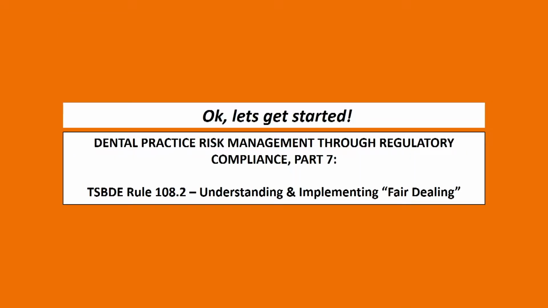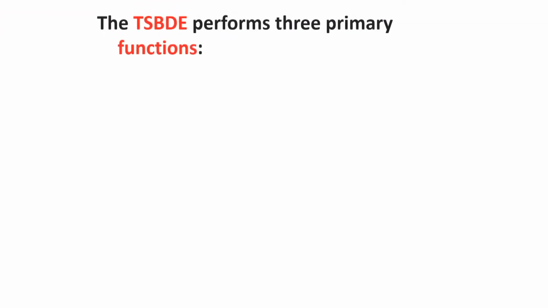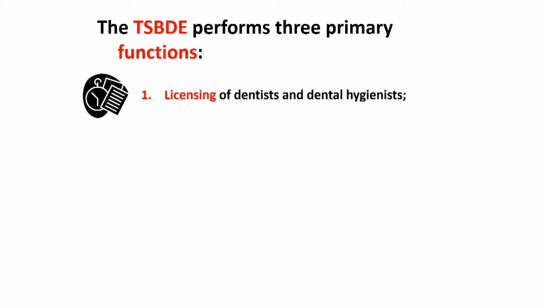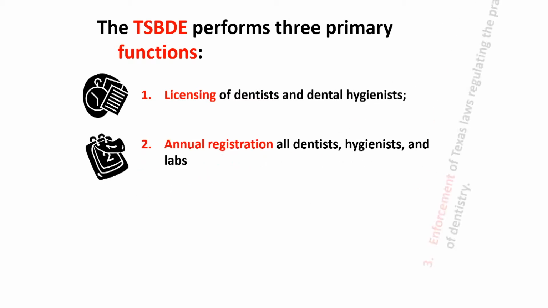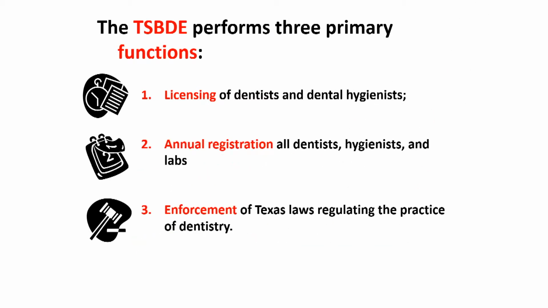Okay, let's get started. Dental Practice Risk Management through Regulatory Compliance Part 7, TSBDE Rule 108.2, Understanding and Implementing Fair Dealing. It is important to have an overview of the functions of the State Board of Dental Examiners for Texas when studying and learning the rules that regulate your dental license.